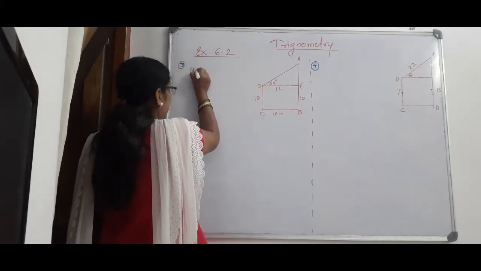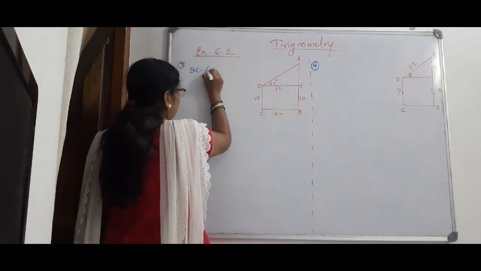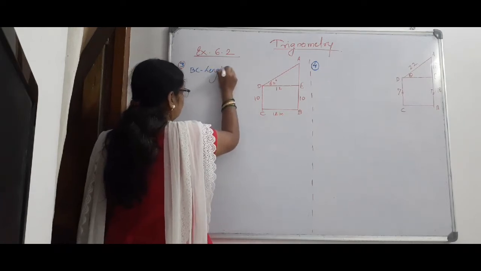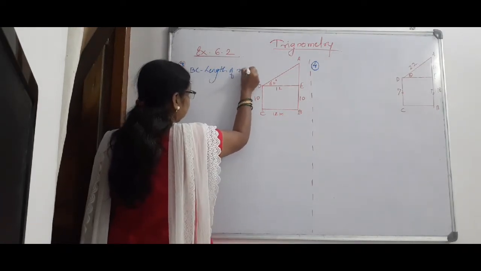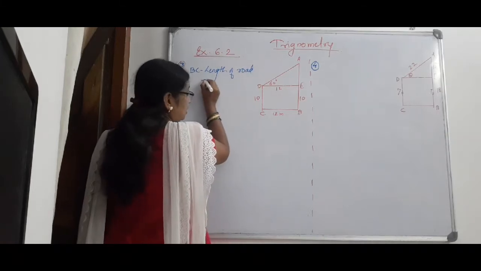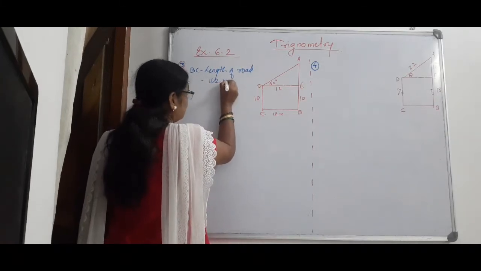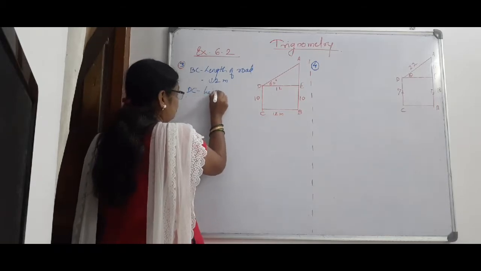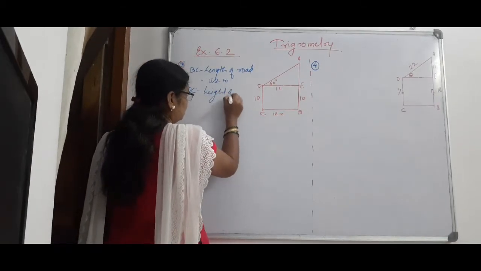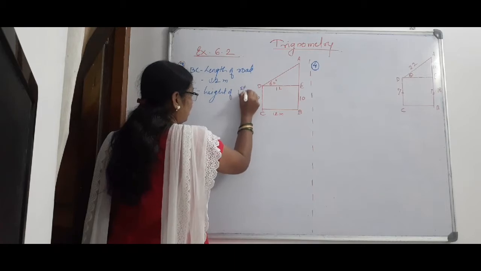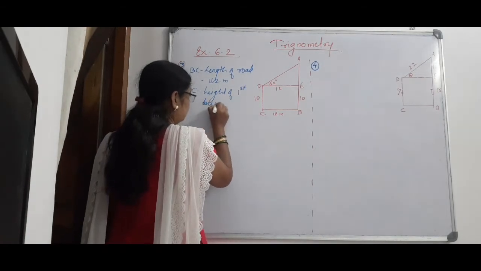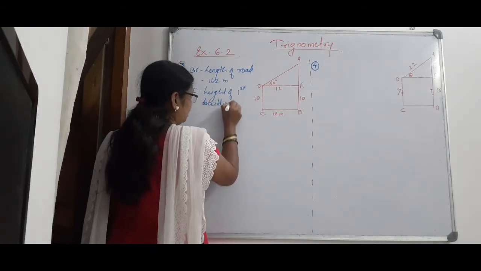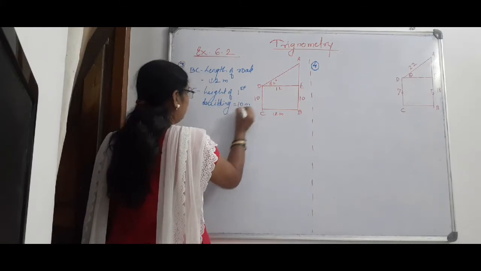Now BC is the length of road, that is 12 meter. Then DC, height of first building, that is given 10 meter.